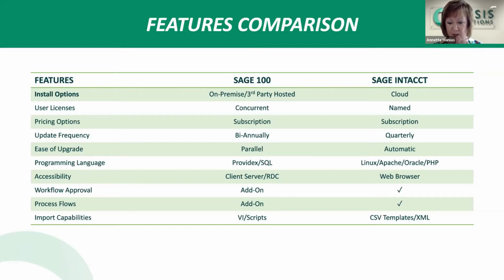Whereas with Sage Intacct, they'll say, on October 1st, we're going to push out these new features, they give you a list, and then you come in October 1st and it's there. Of course, there are always some caveats with that too. It depends on what other things you've got going on. But again, Oasis is there to help you through that whole transition as well.